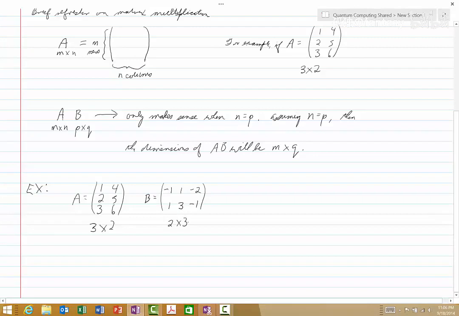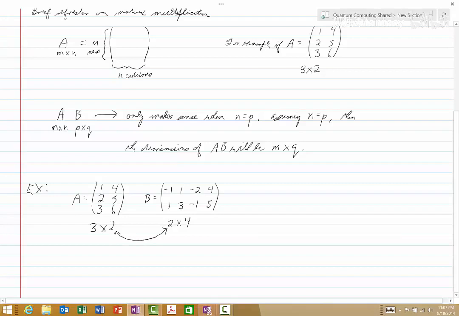But maybe I should use a different example just to make sure I don't give you the wrong impression. Let's add on one more column. And this is perfectly fine. We can have as many columns in B as we wish. The only thing that has to match is this and this.